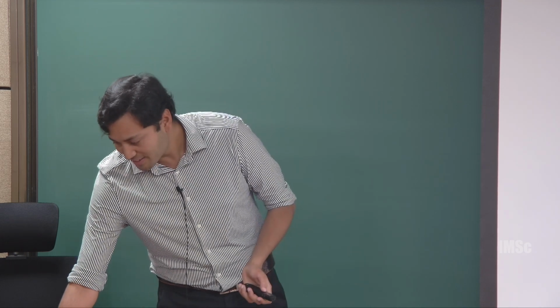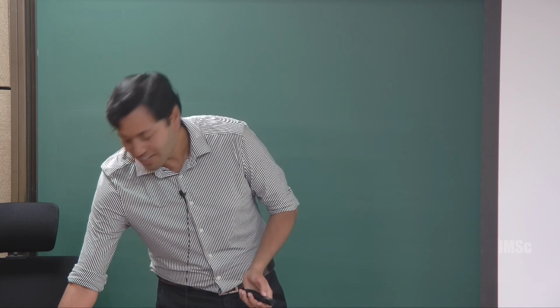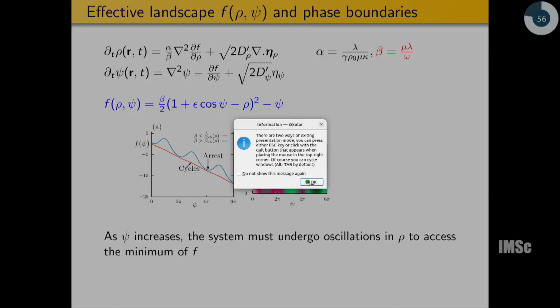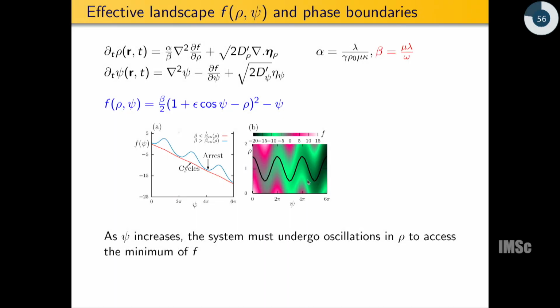How do I get? Okay. I kept them as backup slides. Let me see again. So you see, if I non-dimensionalize my system, because it's a macroscopic 3D, I need to know what the length scale and time scales are. If I do that, then I can write down the dynamics in terms of some effective landscape. This is not a free energy because there is no final minimum of this thing.